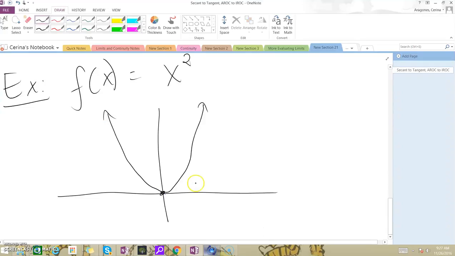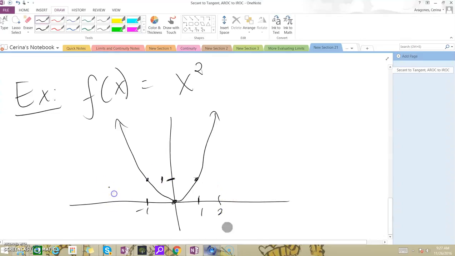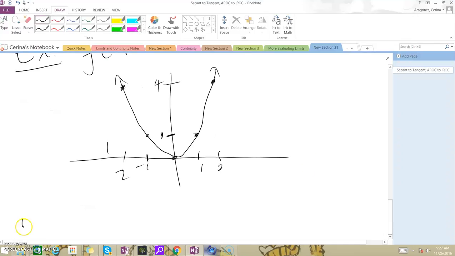At 0, we're at 0. At 1 and negative 1, we're at 1. At 2 and negative 2, we're at 4. Okay, and let's say we want to find the average rate of change at x equals 2. So right here, we can draw a secant line.